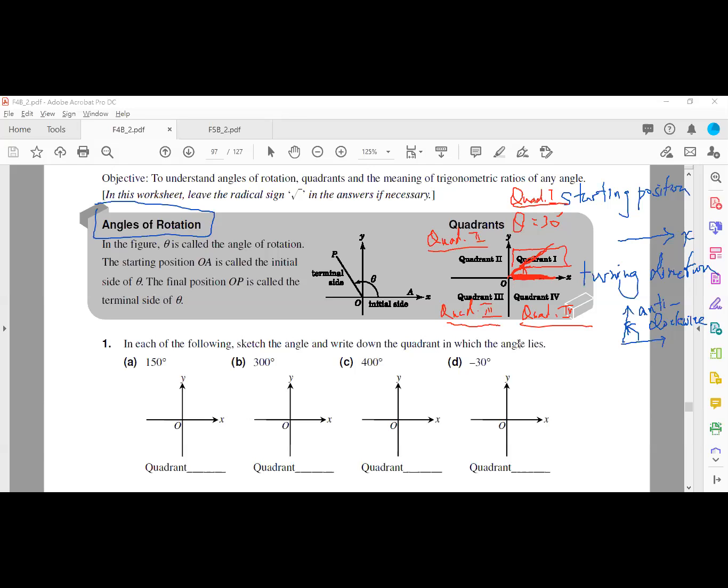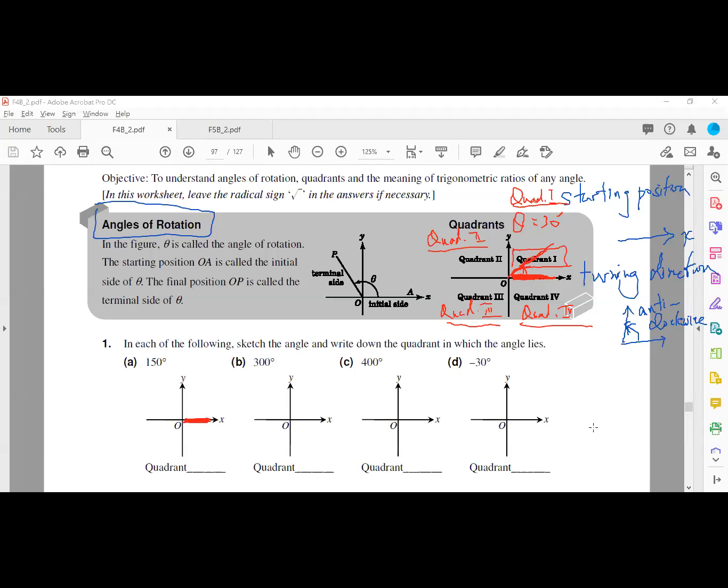Number 1, in each of the following, sketch the angle and write down the quadrant in which the angle lies. Okay? If theta is 150 degrees, we start from the positive x-axis, and then we go in the direction of anti-clockwise by 150 degrees.